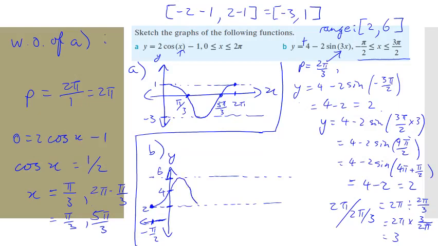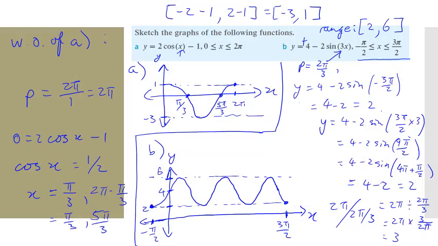1, 2, hang on, 3, okay? It is a little bit annoying, but you might notice that once you work it out, you just have to know how many cycles you have.